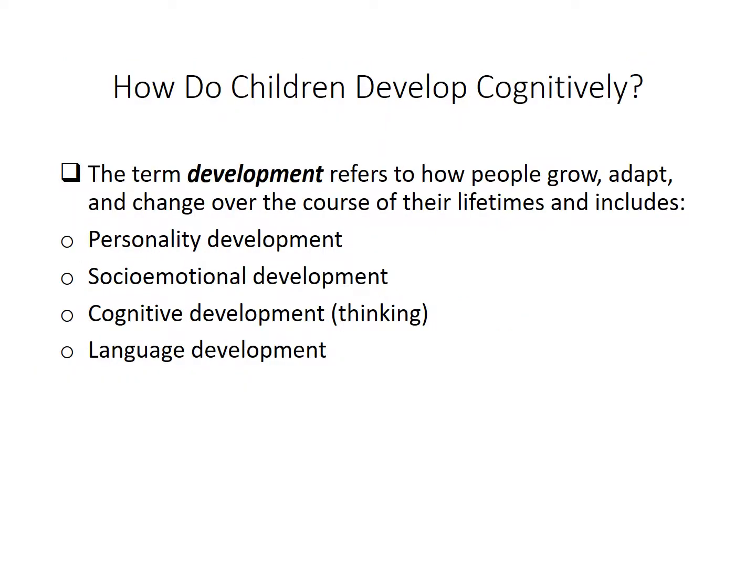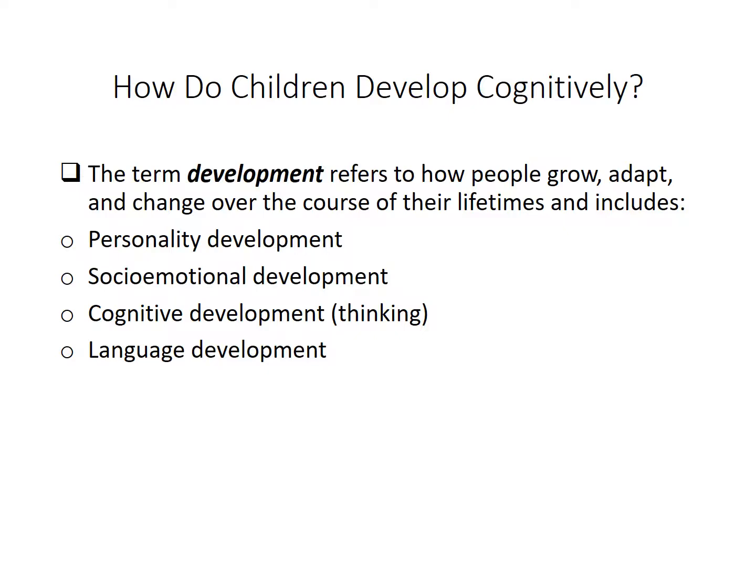So let's talk about development, and then we'll talk about what we mean by cognitive development. The term development refers to how people grow, adapt, and change over the course of their lifetimes. And so it includes personality development, social emotional development, how they develop socially or how their emotions develop. We'll be talking about this.